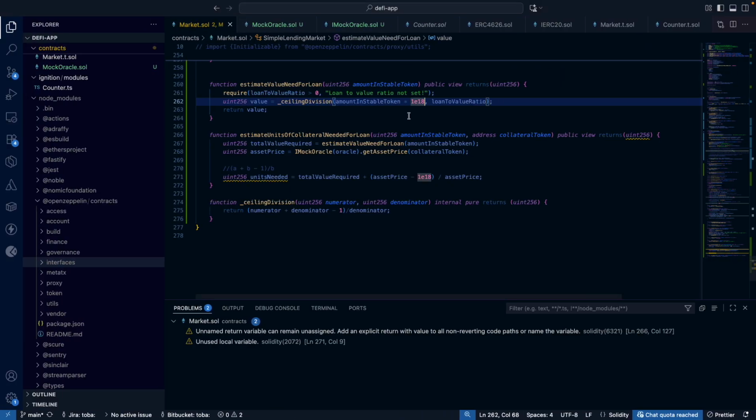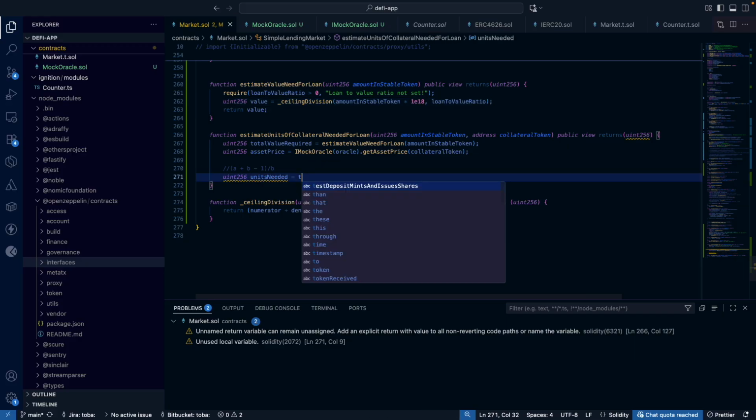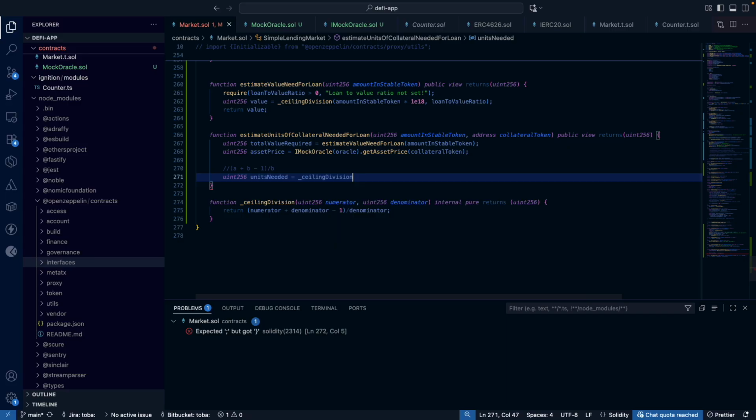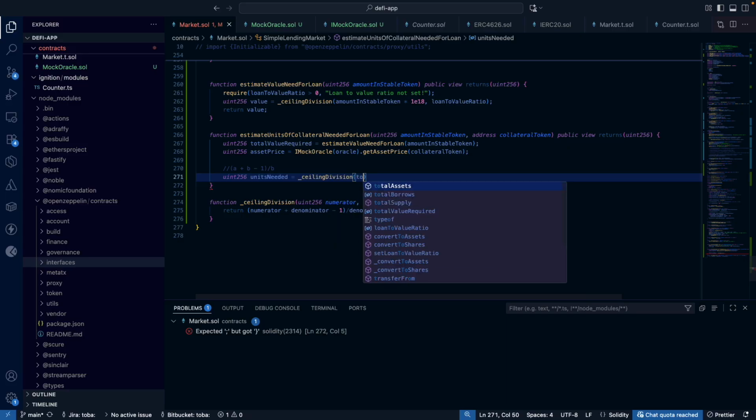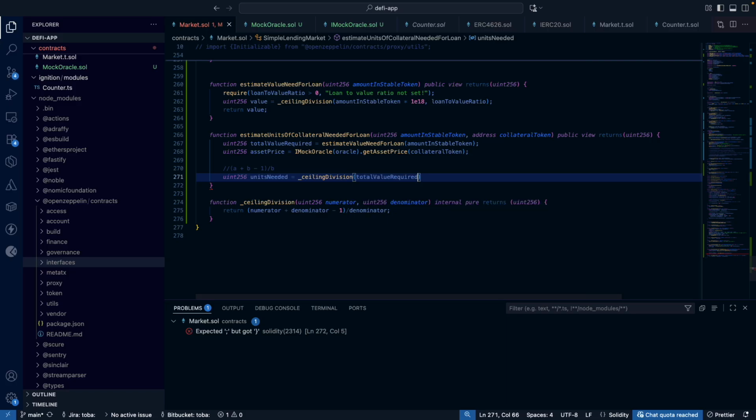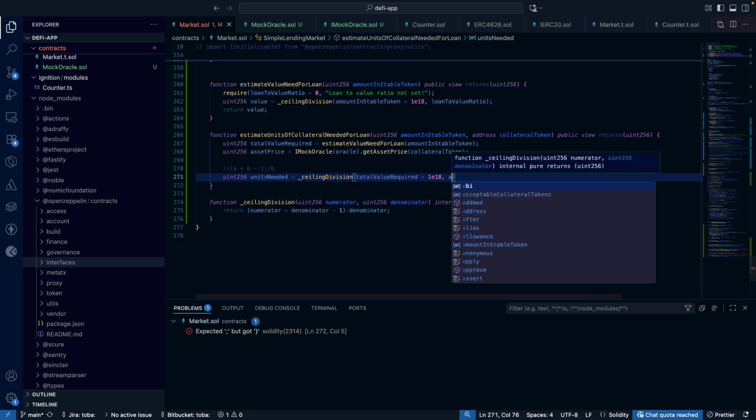So yeah, we've done the ceiling division here. Now we also need to do a ceiling division here. Okay, so the ceiling division that we're doing here is, so the numerator is total value required multiplied by 1 E18, obviously, and the denominator is going to be the asset price.